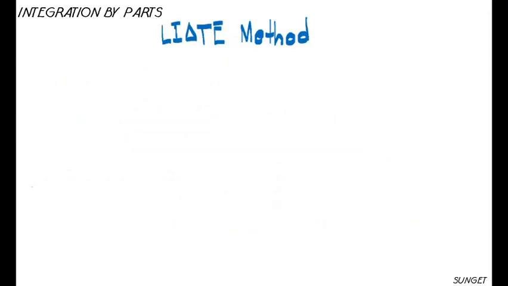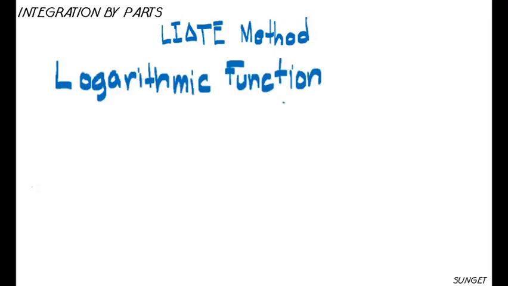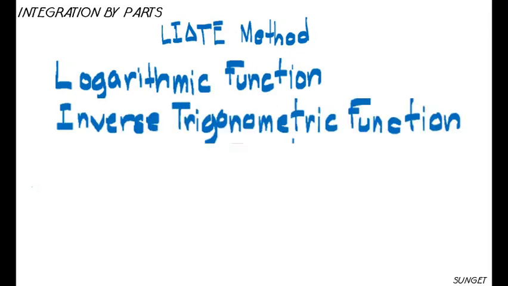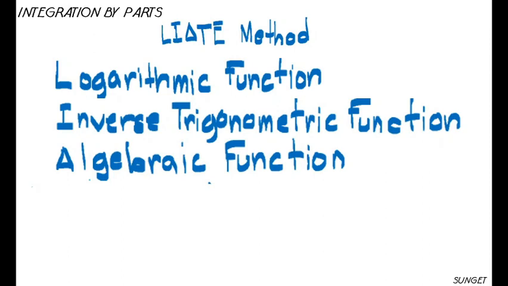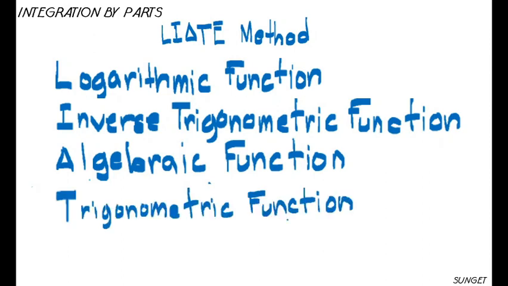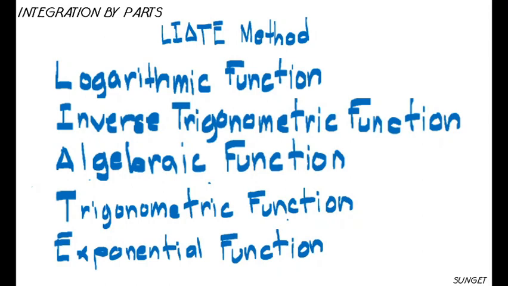The LIATE method. This method helps us to decide which part of the integrand is to be chosen as the u part and dv part to avoid wasting time and effort. LIATE is an acronym where L stands for logarithmic function, I for inverse trigonometric function, A for algebraic function, T for trigonometric function, and E for exponential function.